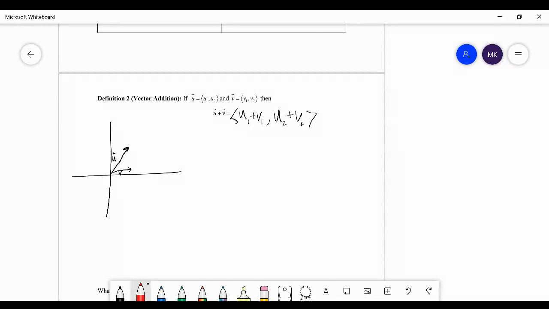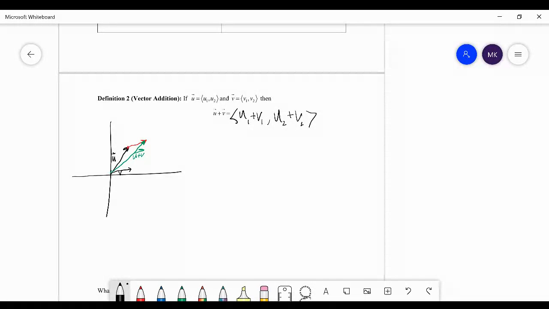We're going to slide this vector v so that it starts here, so it has the same direction and magnitude. And then that becomes our new terminal point. So now this vector here is the vector u plus v. And so that's how this works.